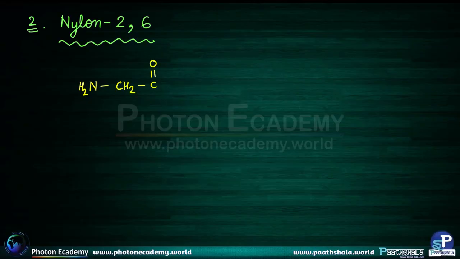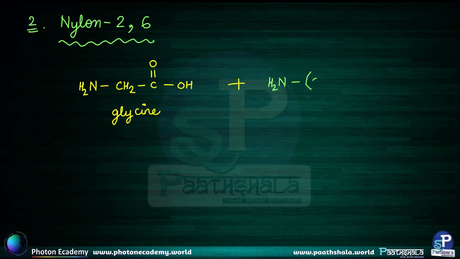Now, the name of this monomer is glycine. Glycine over here is combining with another monomer called aminocaproic acid, and it is represented as NH2, CH2 whole 5, C double bond O, OH. This is aminocaproic acid.